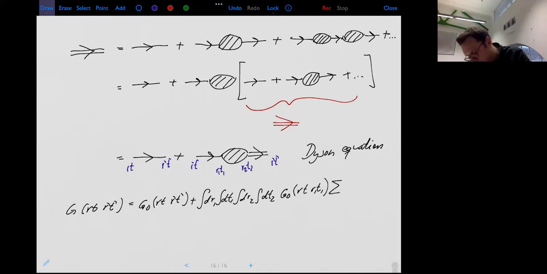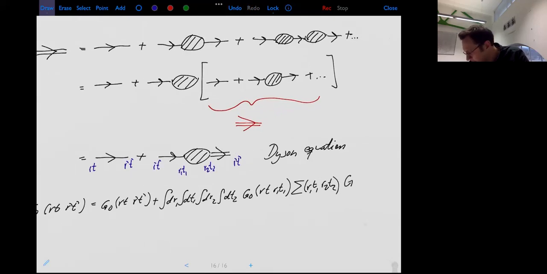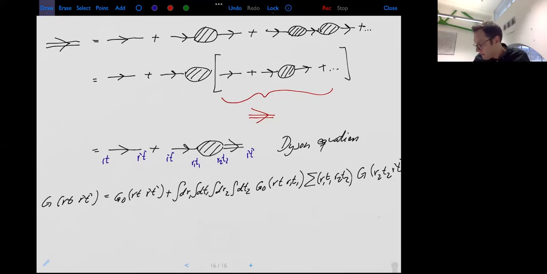Now we have the self-energy sigma. And then we have an interacting Green's function line G, like this, right? So this is the analytical expression, which is equivalent to this diagrammatic equation, and is known as the Dyson equation for the interacting Green's function.